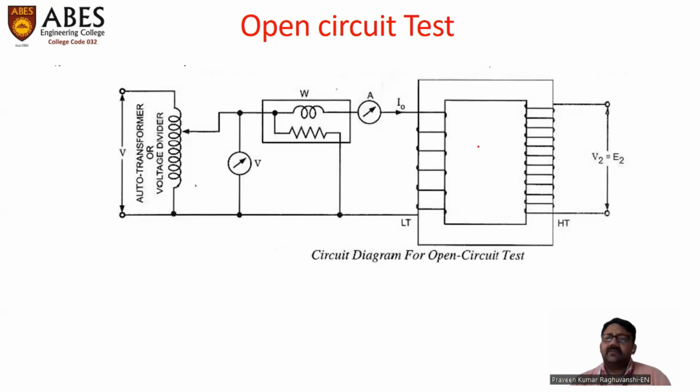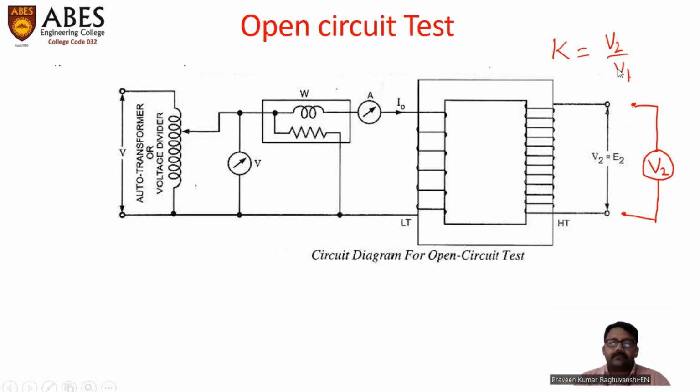In some cases, we connect an additional voltmeter on the secondary side like this. The purpose of this voltmeter is just to measure the voltage developed across the secondary winding, so that we can easily calculate the transformation ratio using the formula V2 upon V1.